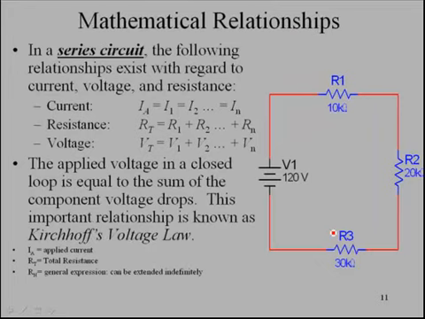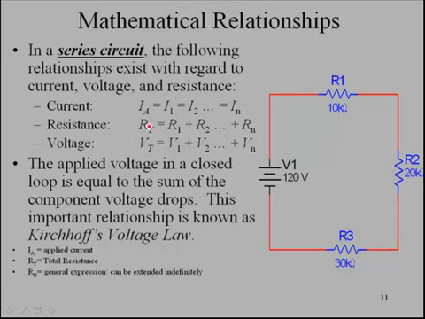Then mathematical relationships. In a series circuit, the following relationships exist with regard to current, voltage, and resistance. The first one is something called IA. In this case, A has to do with applied current. So the current that is applied, that comes out of our power supply, is going to be equal to the current that goes through R1, R2, and R3. That's kind of a given, but the current is equal through all components, and mathematically, that is what that states.